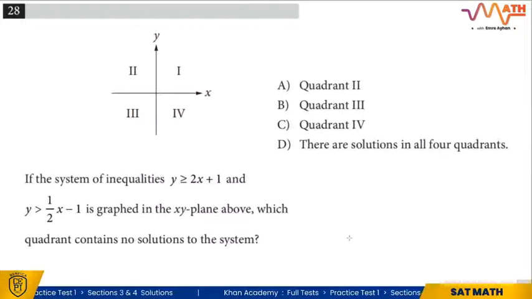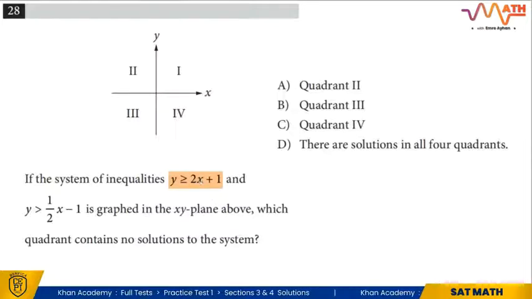Question 28. If the system of inequalities is graphed in the xy-plane above, which quadrant contains no solutions to the system? So we can simply graph with the intercepts here, right? Let's take the first one, this equation, as an equality.